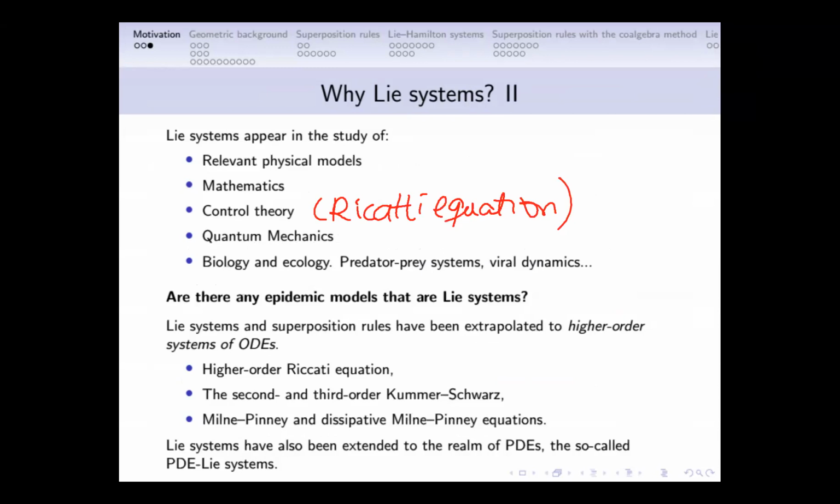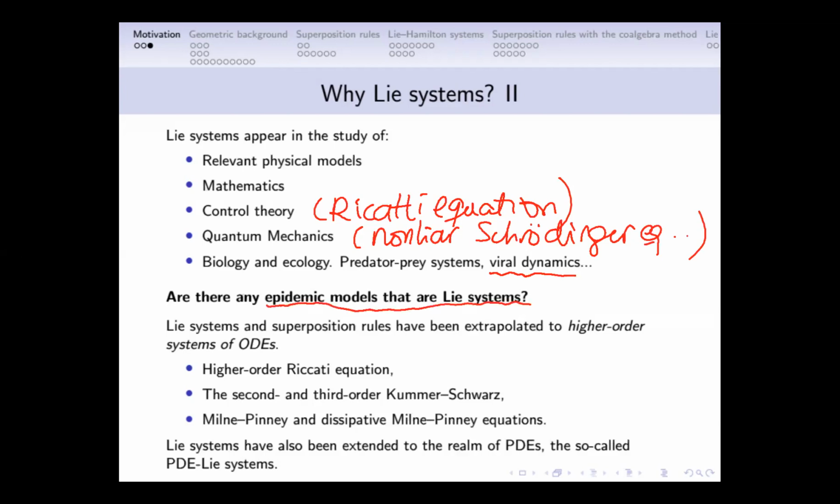They appear in quantum mechanics, as in the nonlinear Schrödinger equation. And also in biology and ecology, we will see an example of viral dynamics. So the question is, are there any epidemic models that are Lie systems? Well, I'll show you one in the next slides.